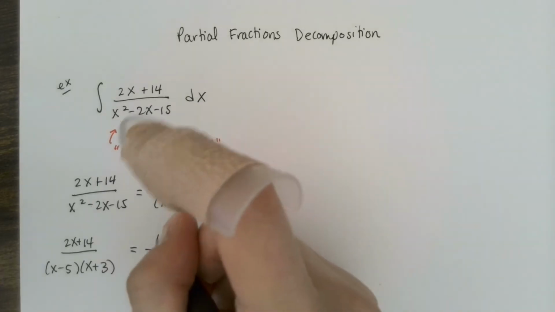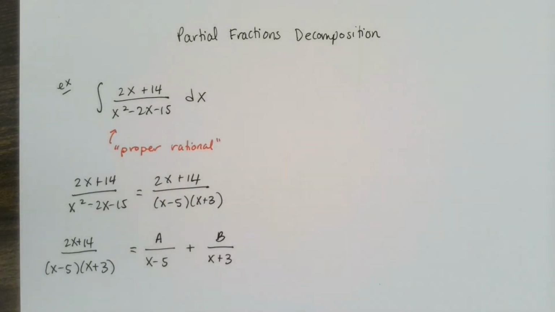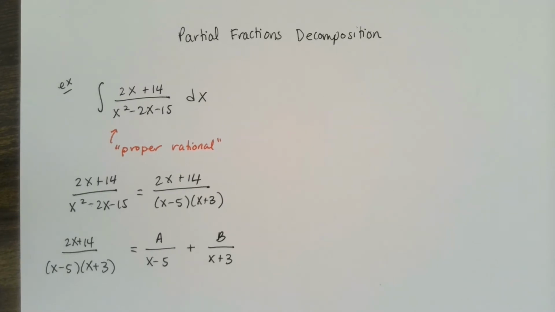So we put in new variables, usually just a capital A, capital B, and we want to solve for what those two numbers are, because then this format is something that's easier to integrate. All right, so our next mission here is to solve algebraically for the values of A and B.